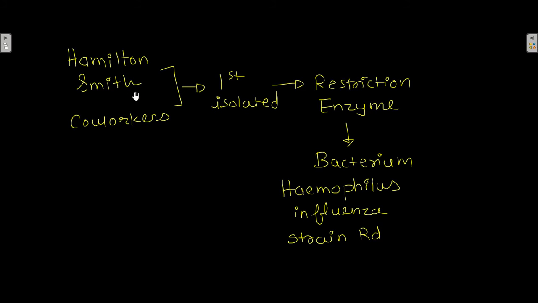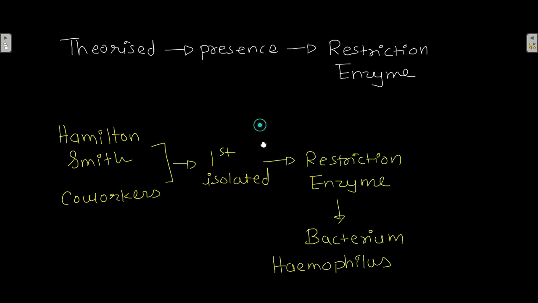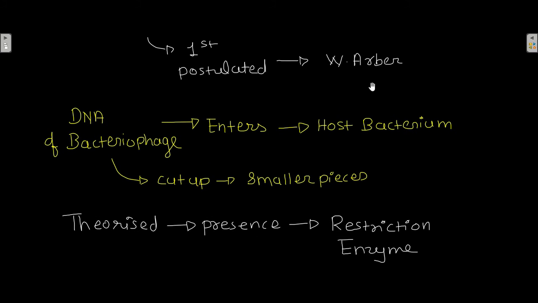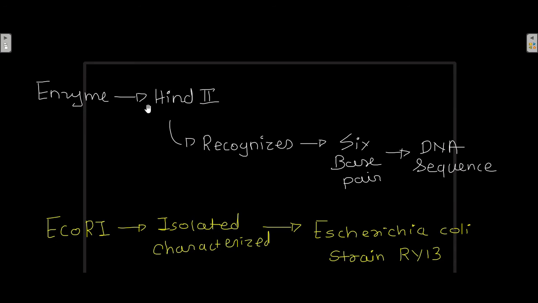Hamilton Smith and his co-workers were the first to isolate a restriction enzyme, from the bacterium Haemophilus influenzae strain Rd. So these scientists isolated the restriction enzyme for the first time, but its presence was theorized by W. Arber first. Now, the enzyme known as HindII recognizes a 6 base pair DNA sequence.